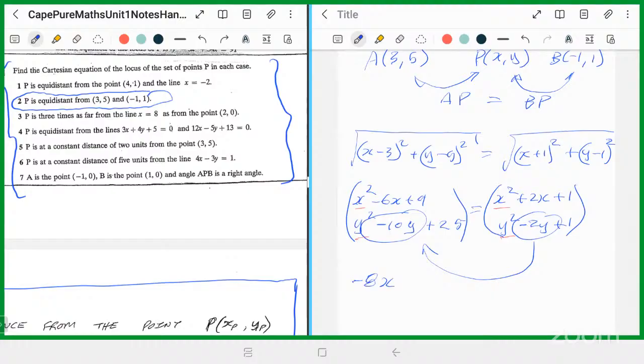Minus 10 plus 2 is minus 8, so we have minus 8y as well. The numbers now: this is 9 and 25. 9 and 25 is 34, right? And then the two here come over and subtract. I have minus, not minus, plus. So this is 34 minus 2, that's 32. So we have plus 32 right here now.